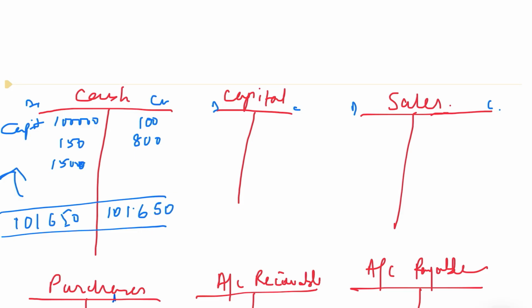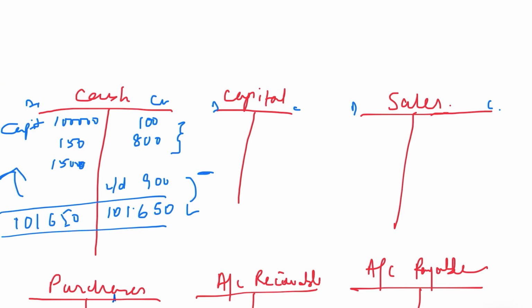The balance which is more. Now, how we can close the ledger? We have to find the difference. How we can find the difference? We will deduct these amount by this, right? This is our closing balance, 900, right?